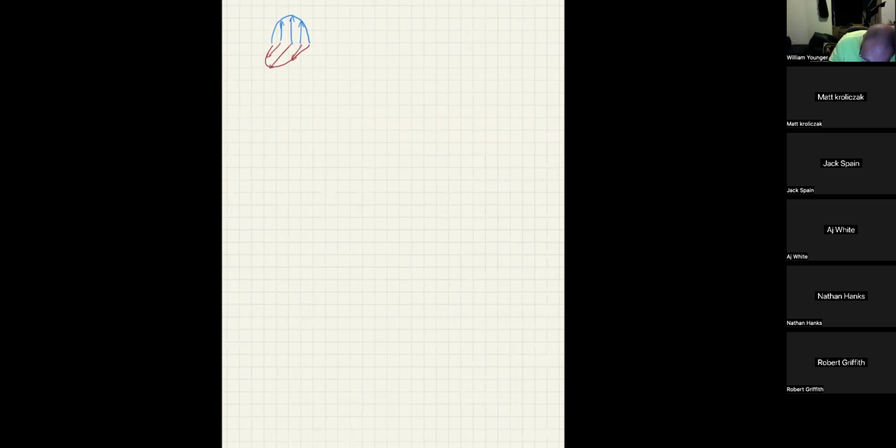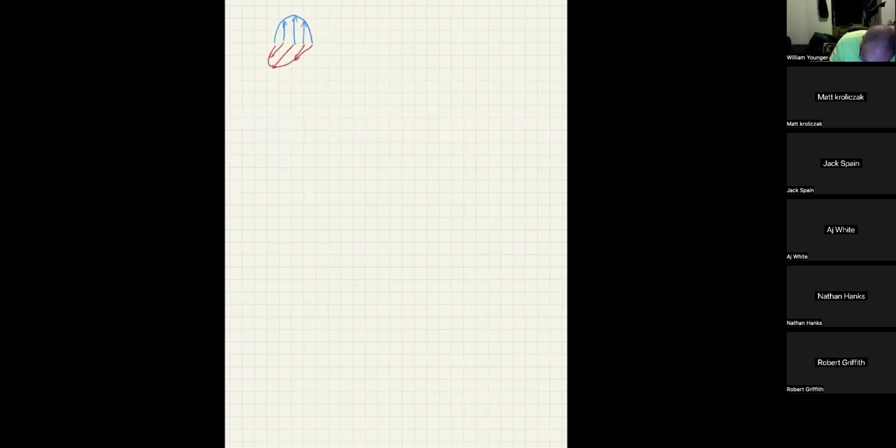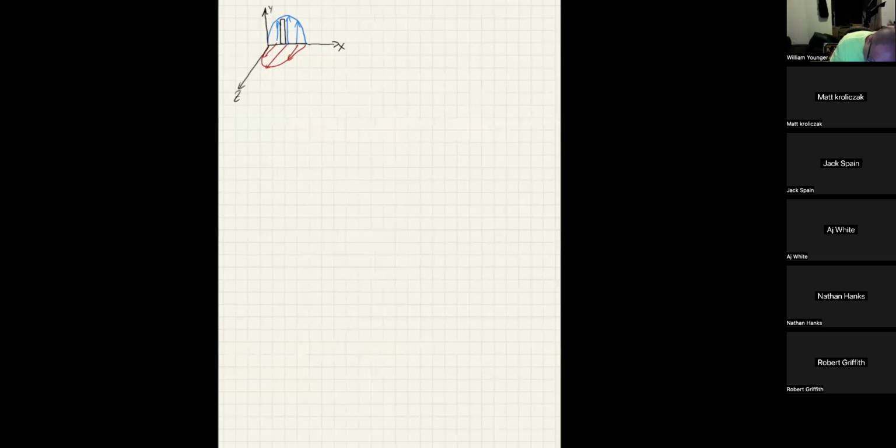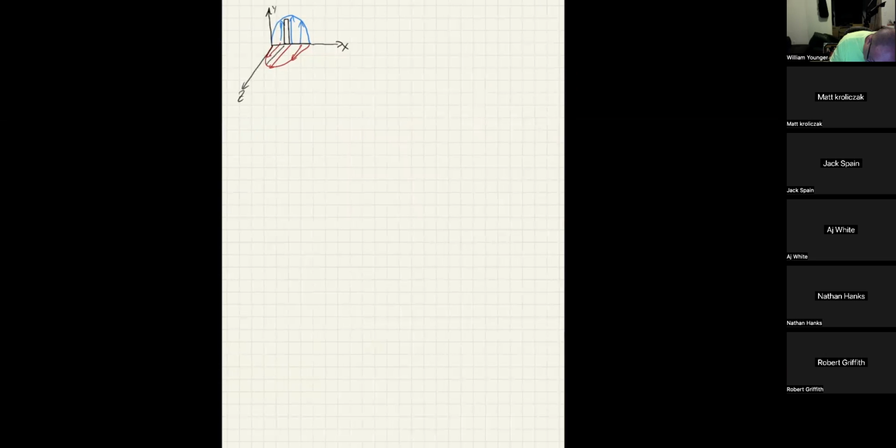Notice they are in phase. That's something important to realize. And I'm going to draw a little rectangular box. I'm going to say, this is my x-axis, this is my y-axis, and this is my z-axis. And I'm going to draw another little rectangular box here.